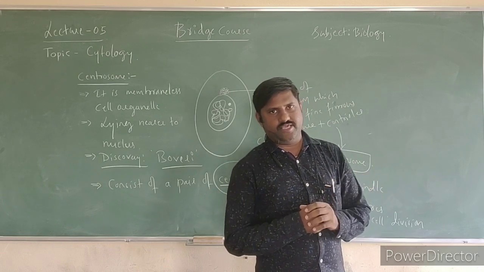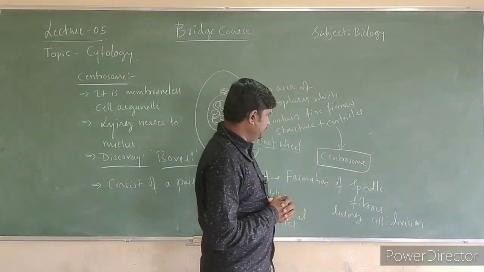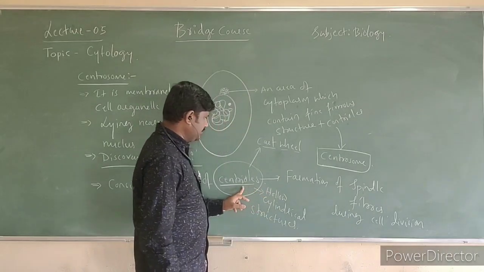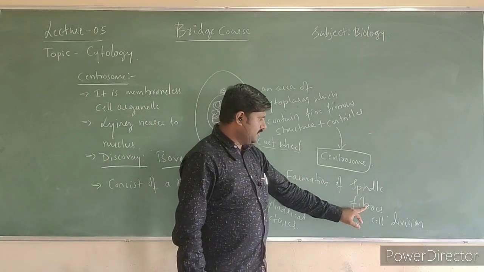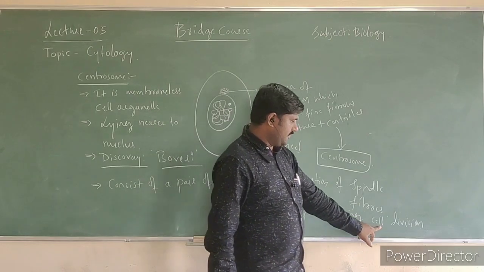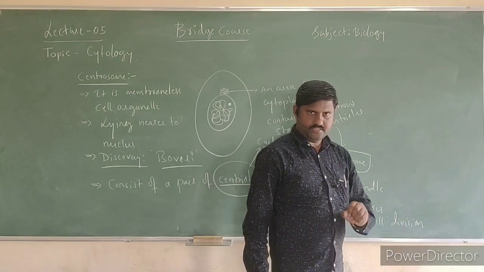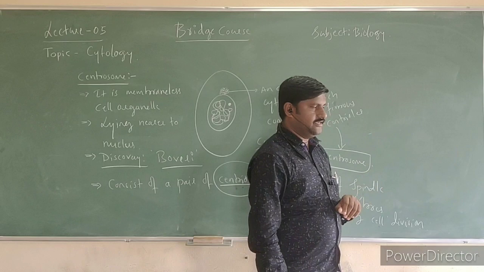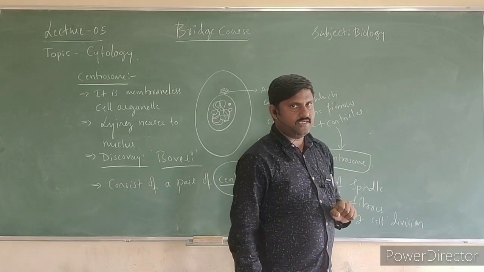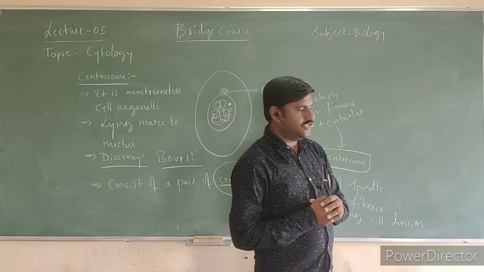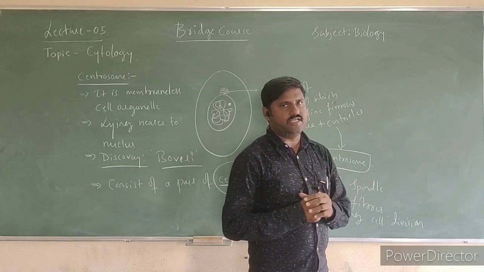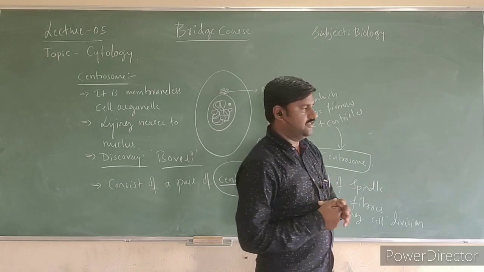Let us go through the diagram. As I said, these centrioles are helping for the formation of spindle fibers during cell division. Let us see it in one diagram, right? We will draw one animal cell and show how spindle fibers are arranged in that cell during cell division.